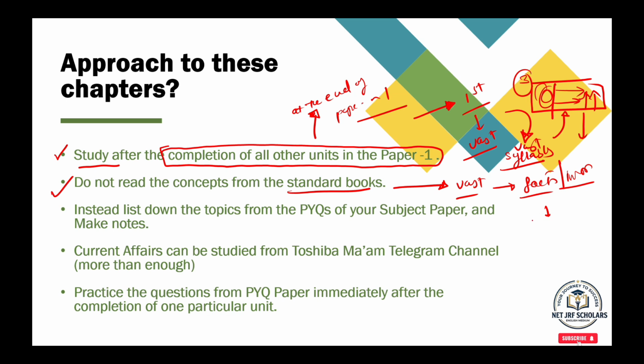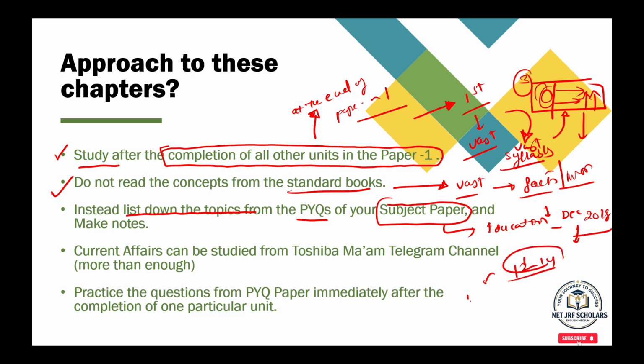It is better to list down the topics from the previous year question papers of your subject paper. Let's say you are a candidate from the education department. First, download the question papers from December 2018 onwards, so you will have around 12 to 14 question papers. List down the concepts in these 3 chapters, and after listing, start making notes from these concepts.